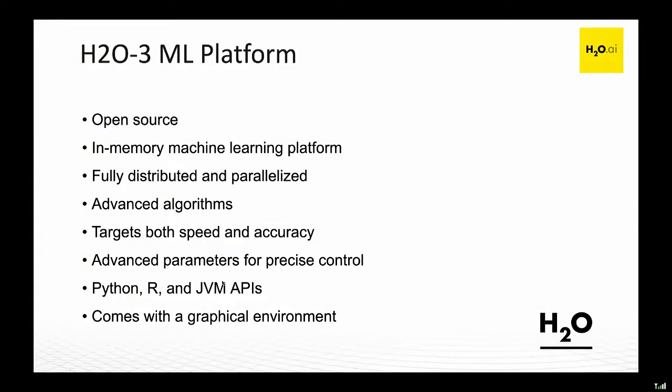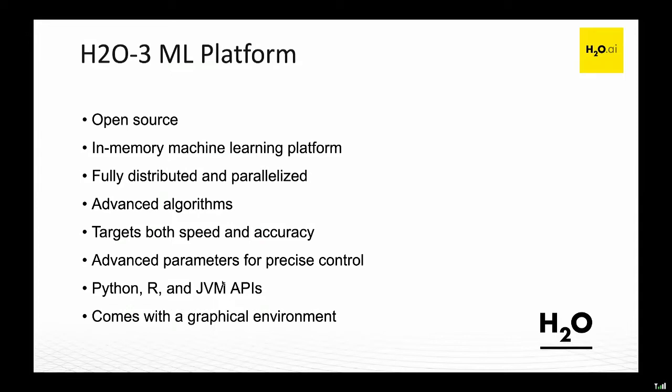Now the reason that's important, that it's built from the ground up to be fully distributed, is a lot of machine learning libraries, say like scikit-learn, by default don't perform their workflows in a distributed fashion, and in order to do so, you have to leverage a number of other tools.